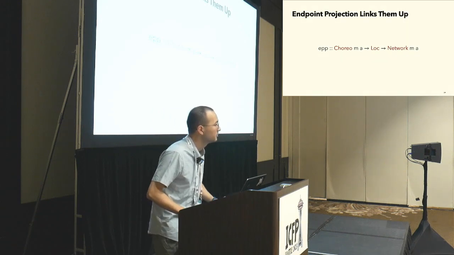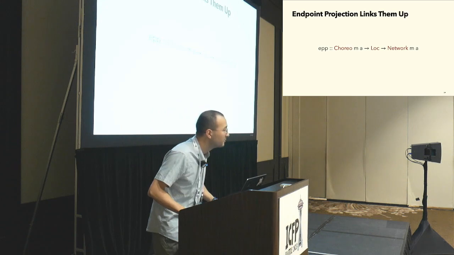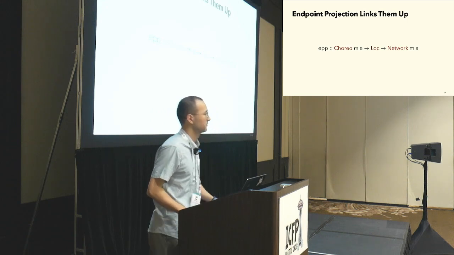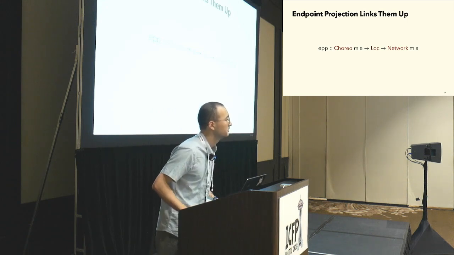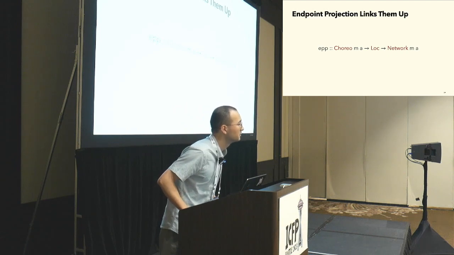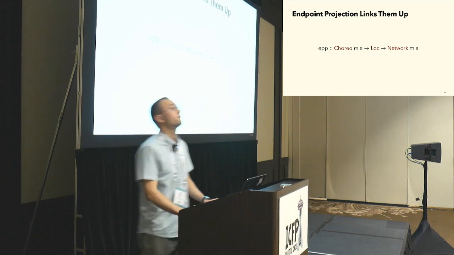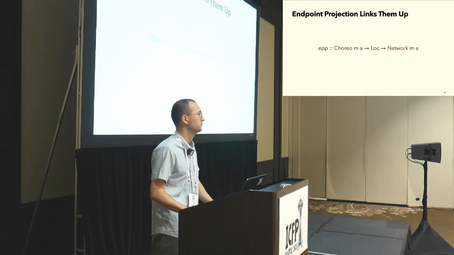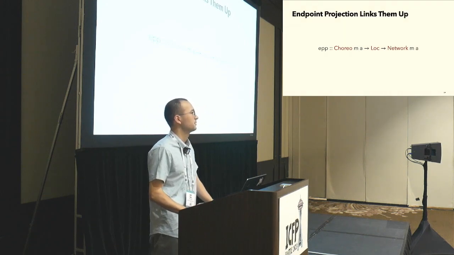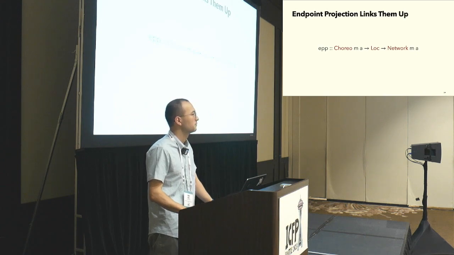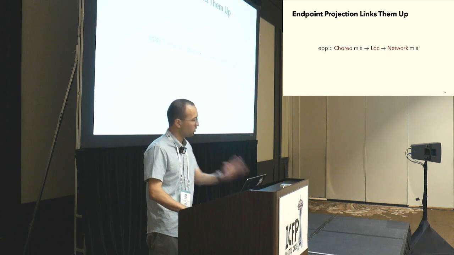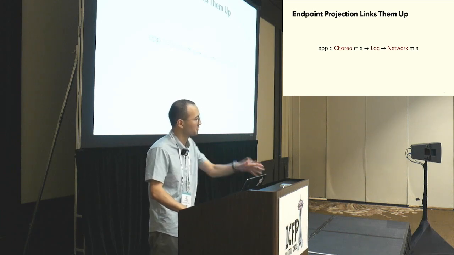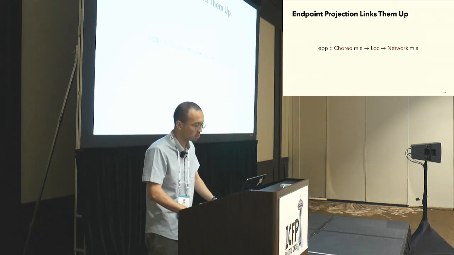Carter Schonwald, TBD. So I'm wondering, do all these properties work out even if the protocol is recursive? Because the projection for a missing counterparty, depending on how the recursion is written, seems like it could get stuck. So the question is, does the endpoint projection work for a recursive protocol?